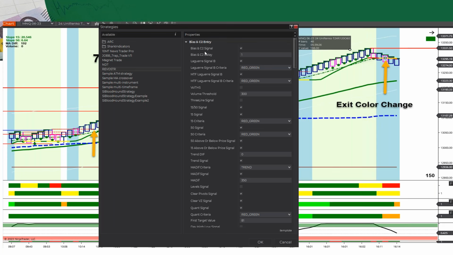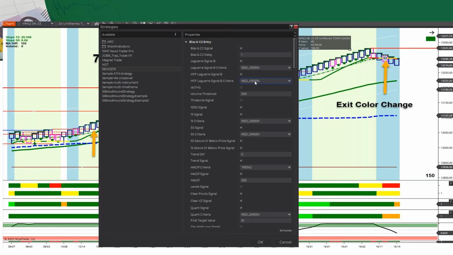We want the bias, which is the background color, and the C2. So we turned it on. This does not wait for a pullback candle. So I have the signal delayed by 1 bar because I want the whole bar to clear the pivot. I just don't want 3/4 of the bar. We want the Laguerre, either red or green, so we turn it on.